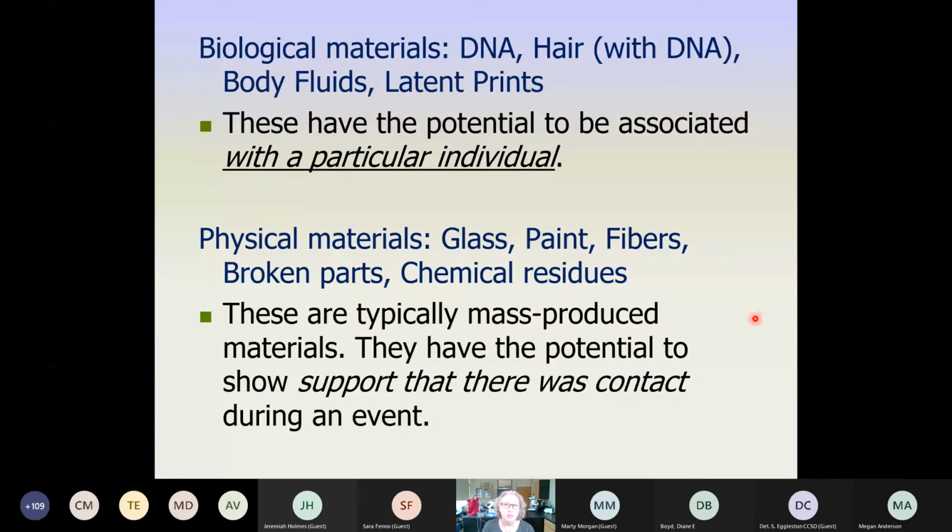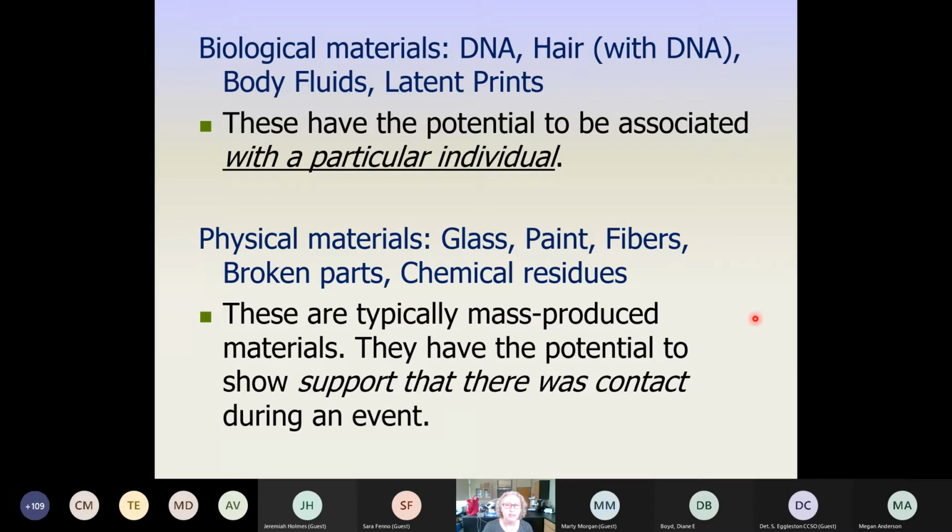We like to think of these two branches of evidence as working hand in hand, and they have both different advantages and different limitations. So for biological materials such as DNA or hair containing DNA, body fluids, which also could contain DNA, or latent prints, these have great potential to be associated with a particular person.